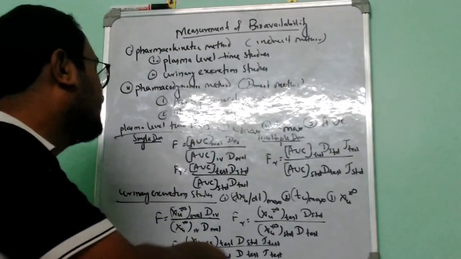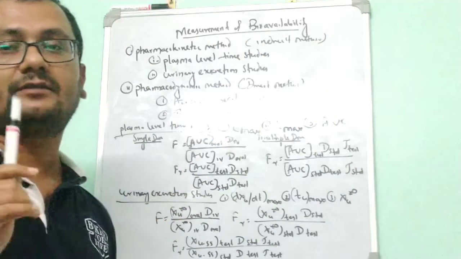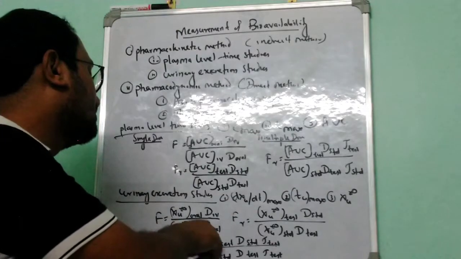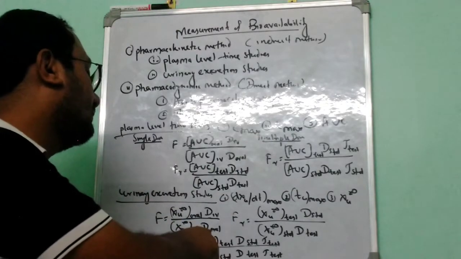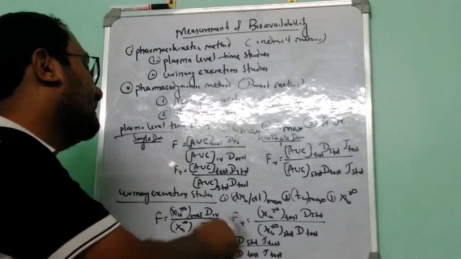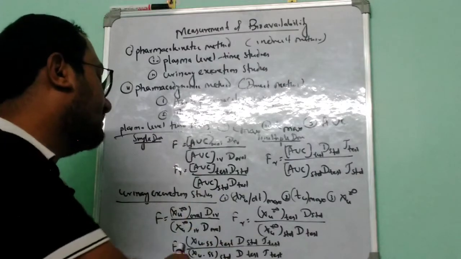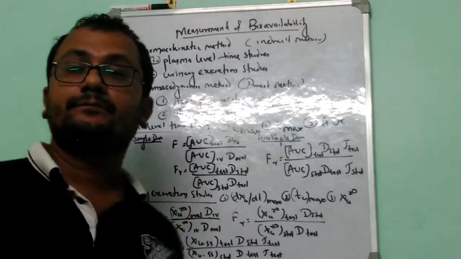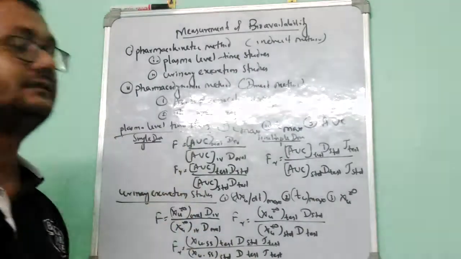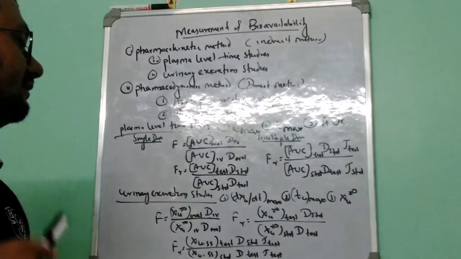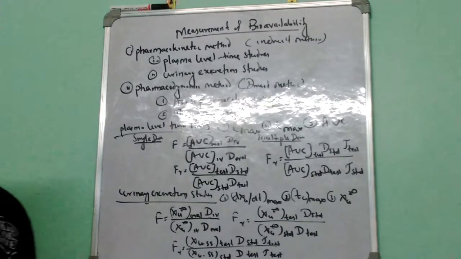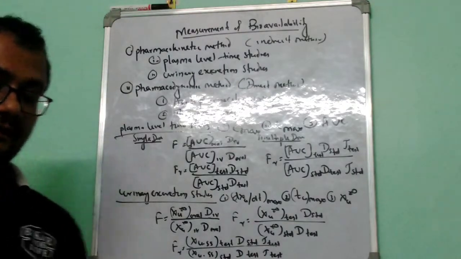So in urinary excretion data also we can calculate using steady state. The formula remains the same: Xu SS test into D standard tau standard, divided by Xu SS standard into D test tau test. SS means steady state. From this formula we can easily calculate the bioavailability term.